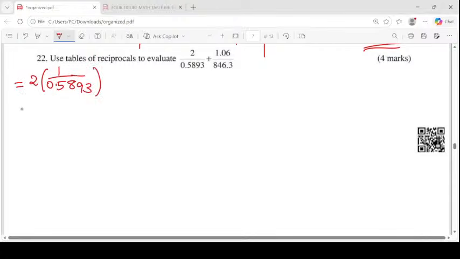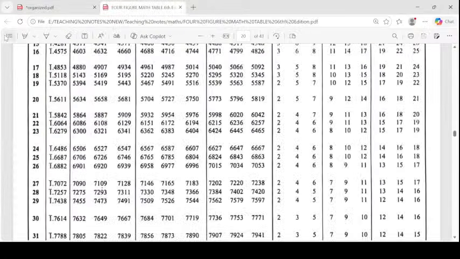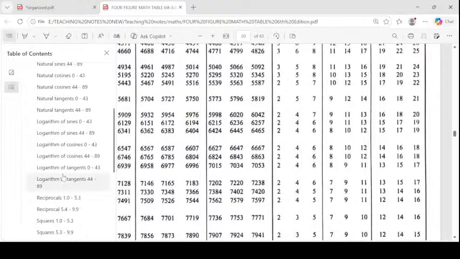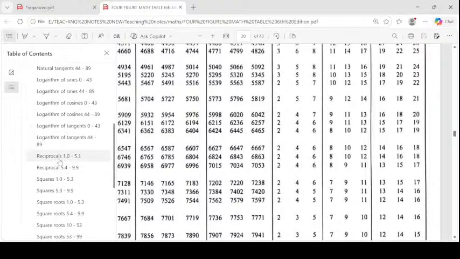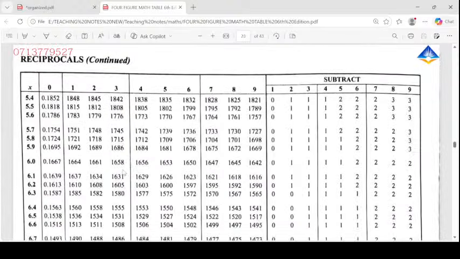So this one can be written further as 2 into 1 over, in standard form, the denominator becomes 5.893 times 10 to the power of negative 1. So this will become 2 into, let's go to the reciprocals table, 5.893.